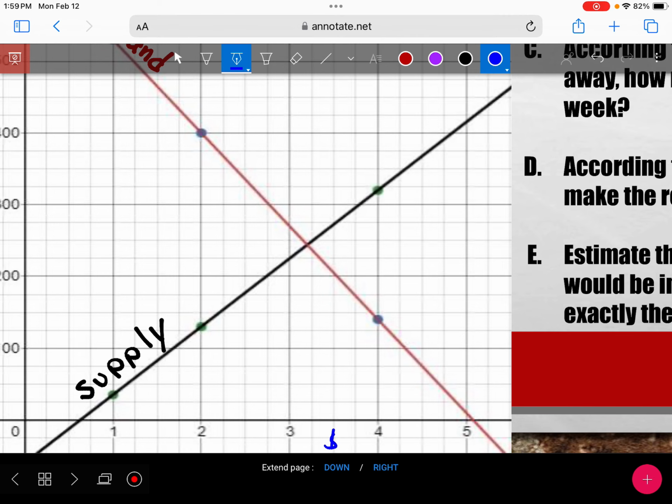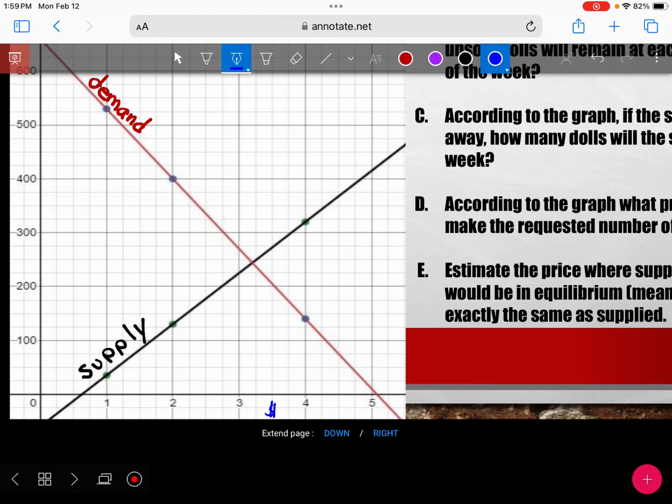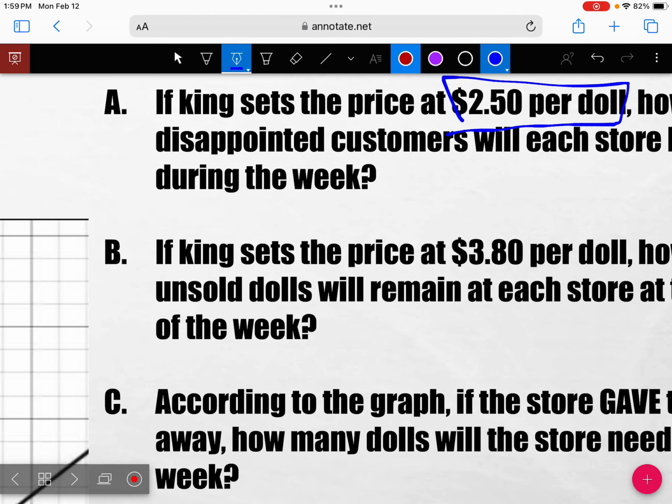Remember, this is our price down here. So look at your demand. About how many people want the doll if it costs $2.50?